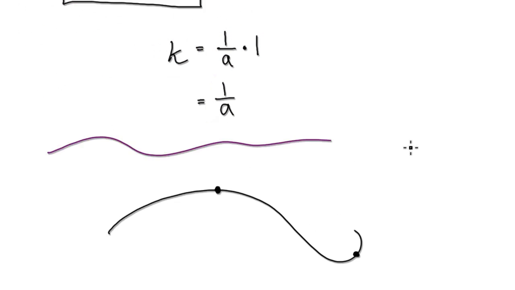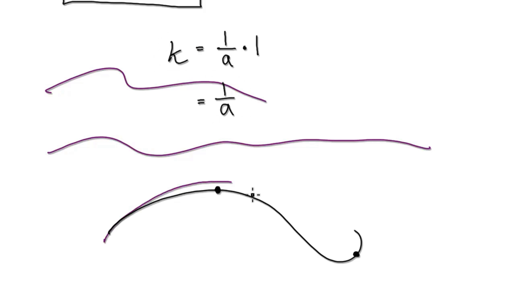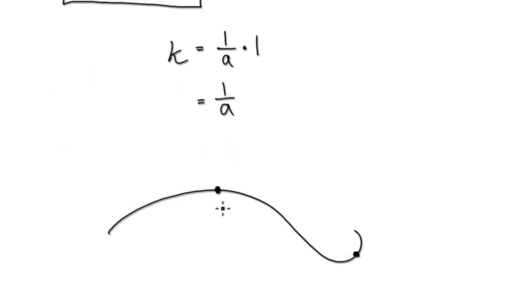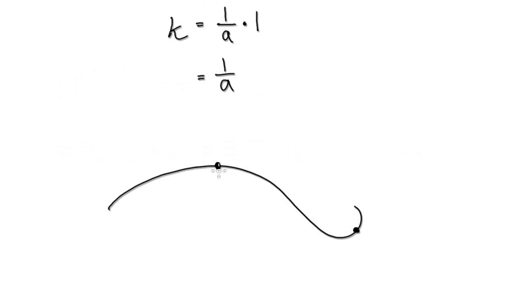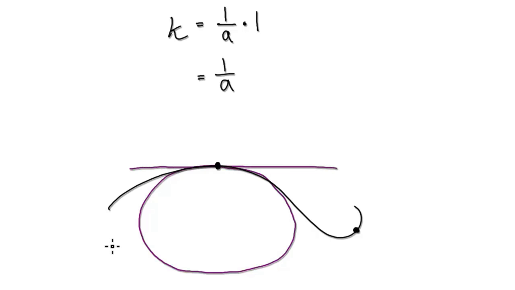But on a side note, something different. If you have a curve like this, you can draw a circle of best fit, so it fits the curvature perfectly. The tangent of this circle and the tangent of the curve will be the same, and the normal of the curve and the normal of the circle would go through the center of the circle here.